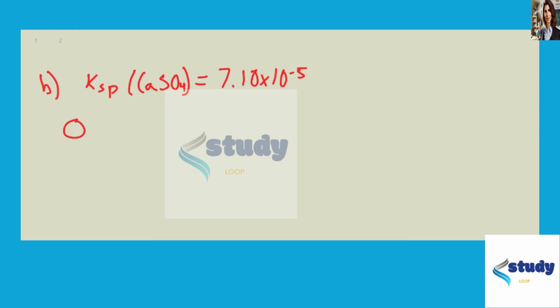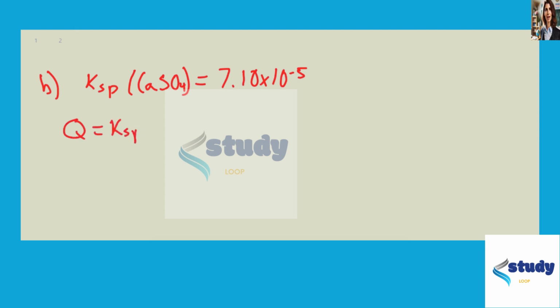For part B, the compound that will form the precipitate is calcium sulfate. So we write down the KSP, which is 7.10 times 10 to the minus 5, and then we follow the same process.